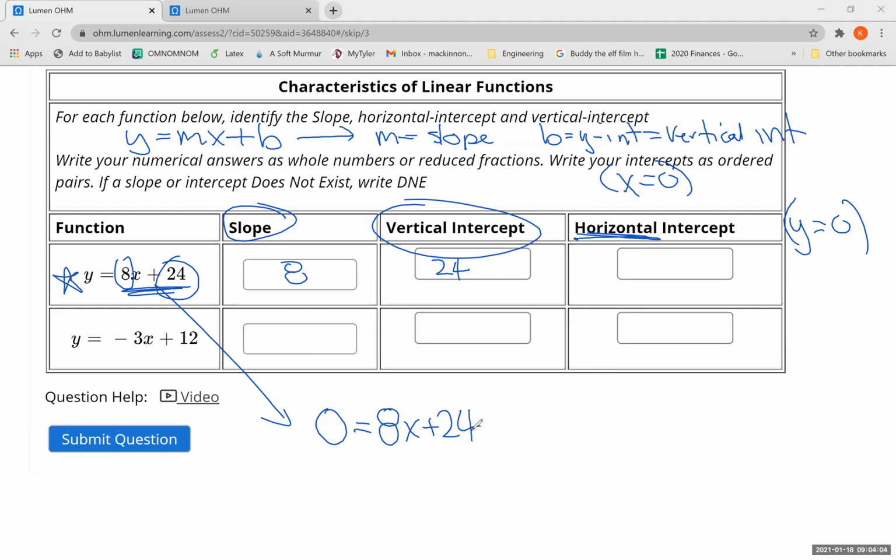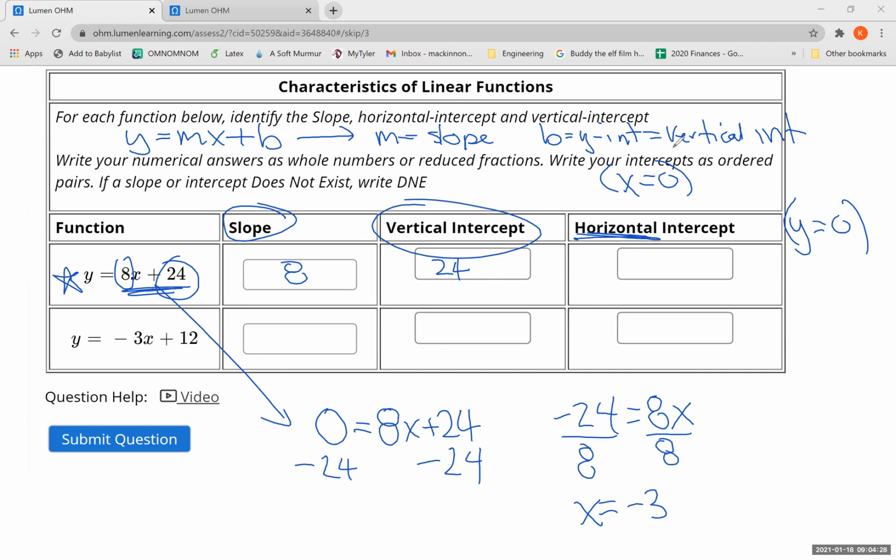And now I just need to solve this equation. I'll subtract 24 from both sides. Divide both sides by 8. So I get x equals -3. So my horizontal intercept is at -3.